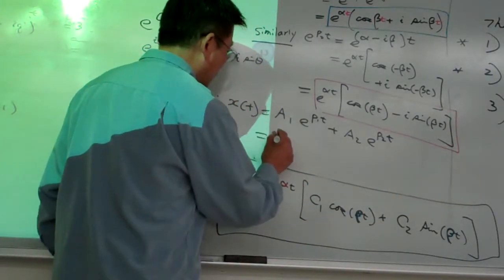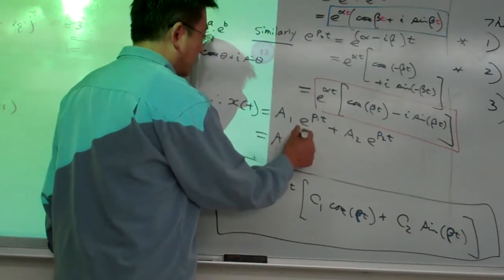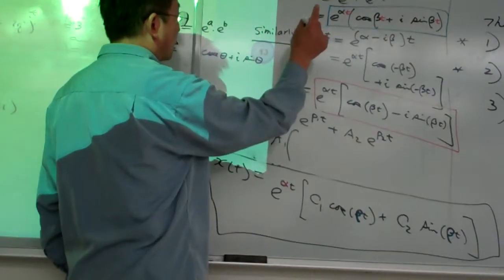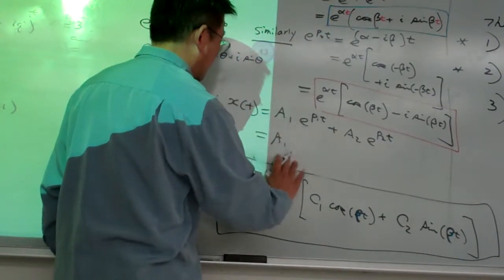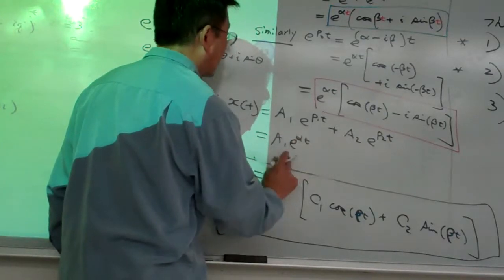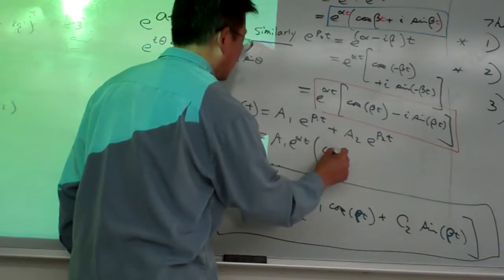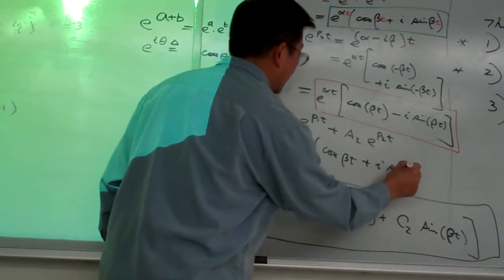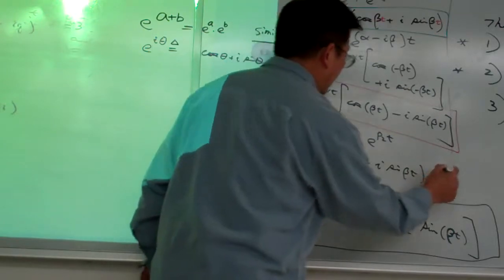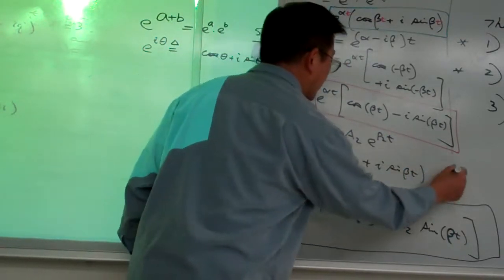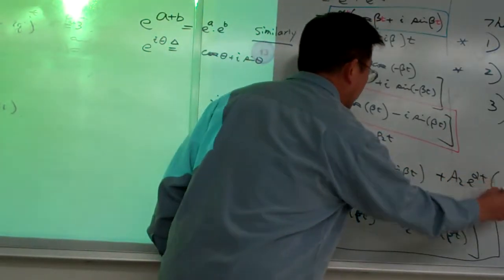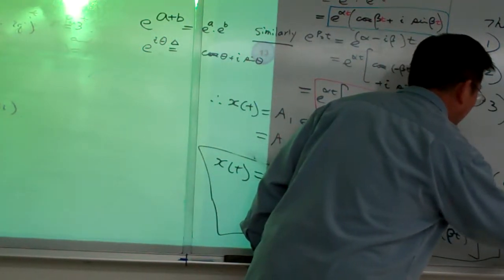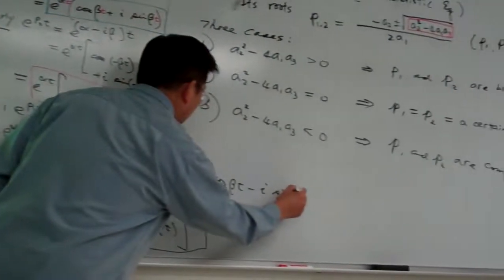I think the quickest way is we simply do it here. So we introduce this one: A1 times e^(alpha t), and then cosine beta t plus i sine beta t, and then plus A2 e^(alpha t) times cosine beta t minus i sine beta t.